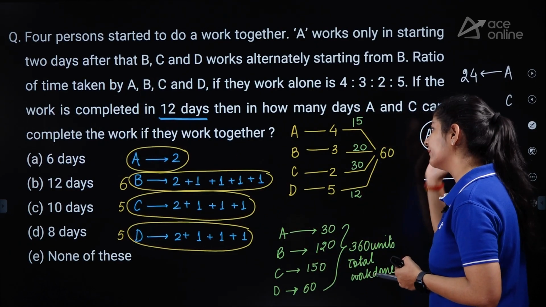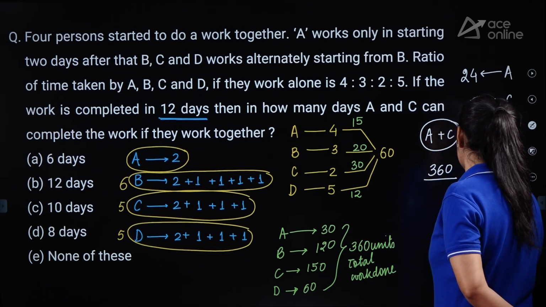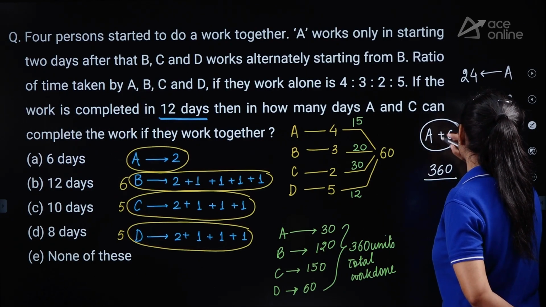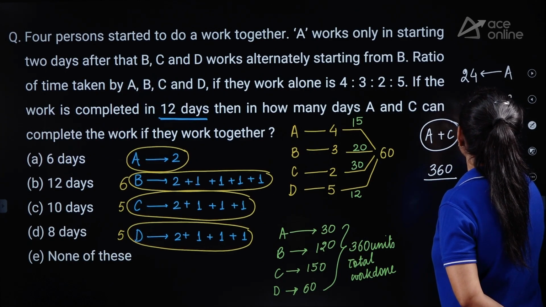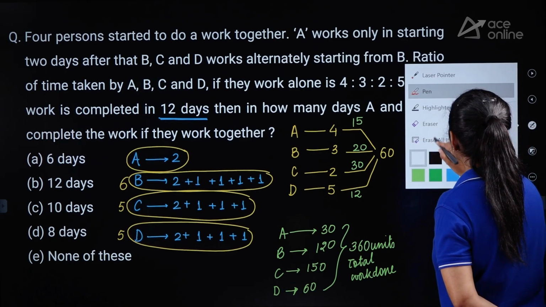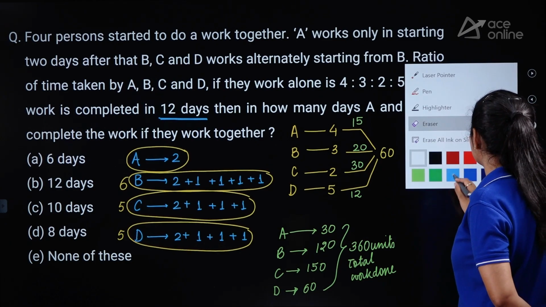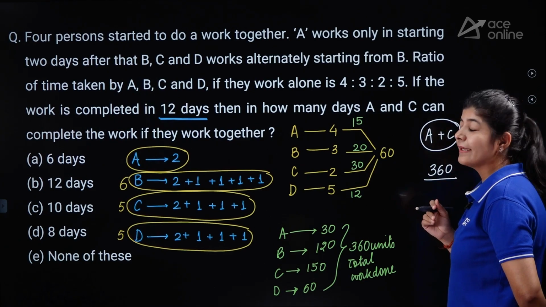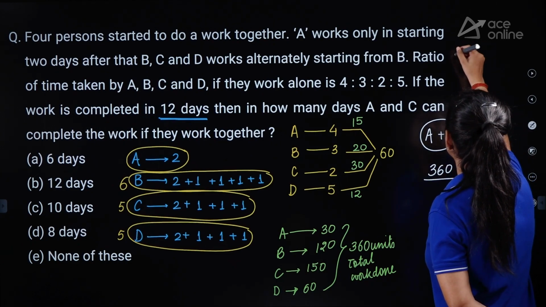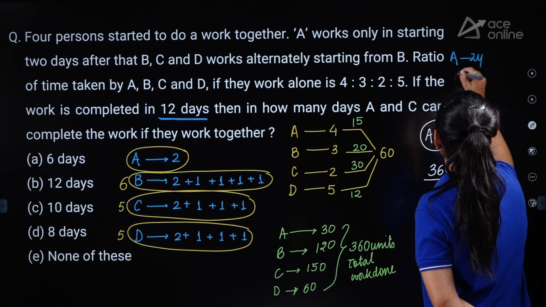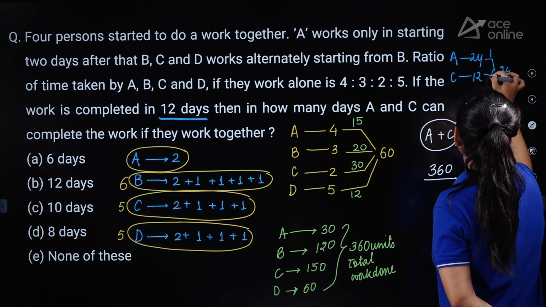That means 2.5. And when we multiply this value by 2.5, we get 12, right? And when we take the LCM over here, from this we can easily determine the efficiencies of A and C, because if we want to calculate the time taken by A and C to do the same work, we need to calculate the efficiency of A and C. So A is 24, C is 12, and when we take the LCM, this is 24, 1 and 2.